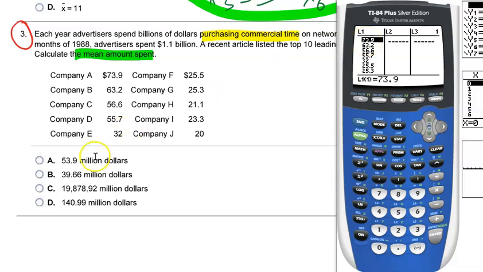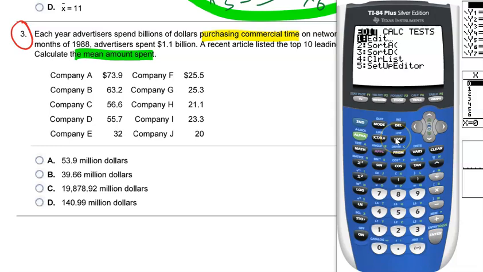Now my point is, how do you find the mean? In the calculator, you go to STAT again and choose the CALC option. You have to use 1-Var Stats, not 2-Var Stats.